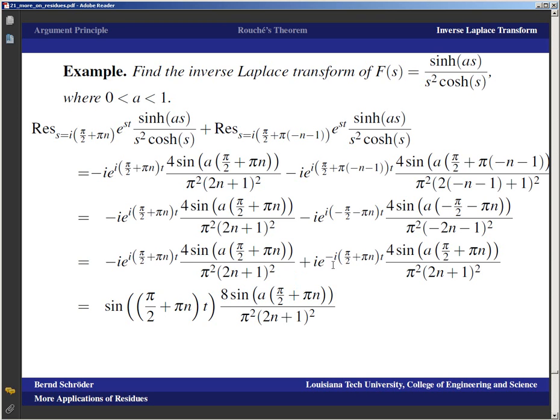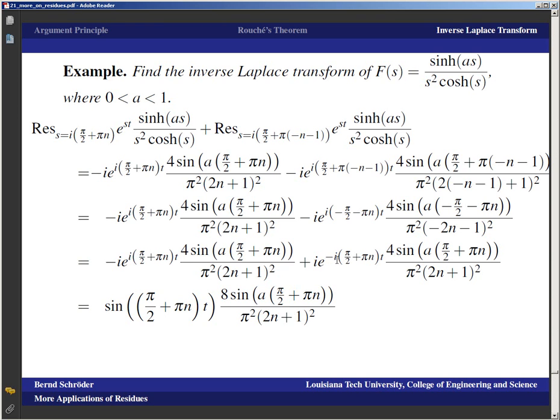There are just too many i's flying around here. This is cosine plus i sine, and the i cosine goes with the negative i cosine, so the cosine goes away. The sine part gets doubled, and then because you have an i here, you end up with an extra negative sign, and that negative sign is being absorbed because we have a sine of a negative argument here.